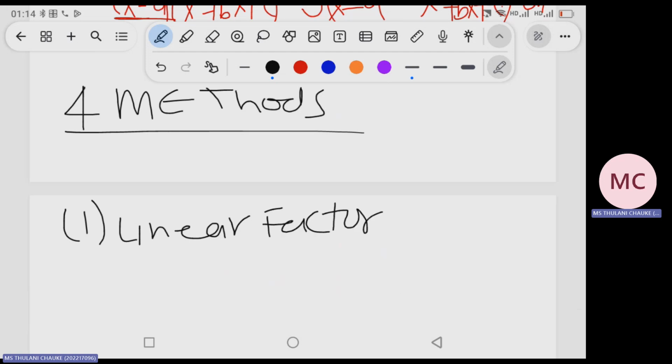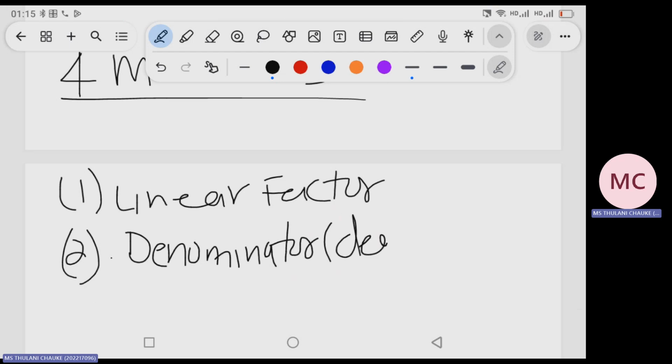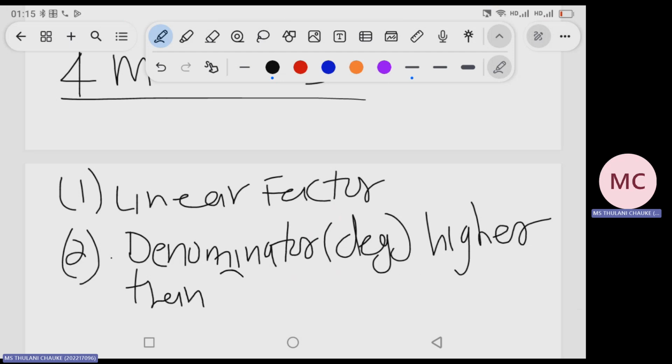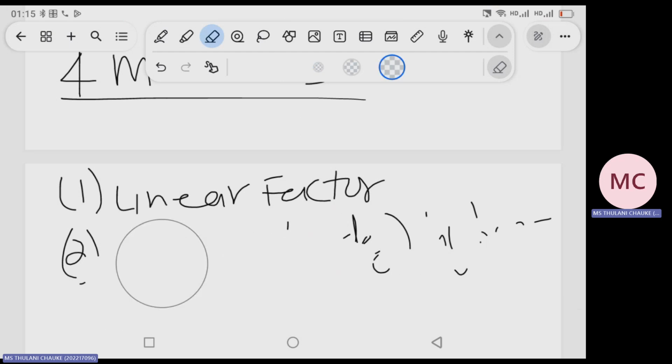Then the second one is when we have the denominator, the degree of the denominator, you find that it's higher than, no, the degree of the numerator, actually the opposite.